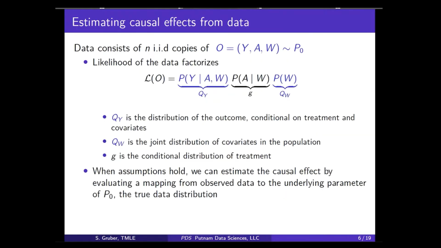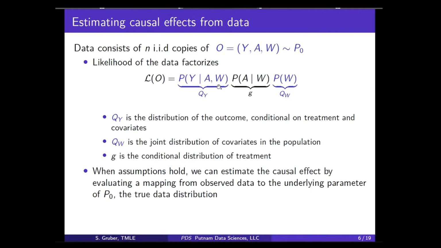Okay, so we have our data, and now we want to estimate causal effects from it, and let's assume all of our assumptions are met. So I want to talk a little bit about the likelihood of the data. We have the probability of the outcome given the treatment that you got and your covariates.